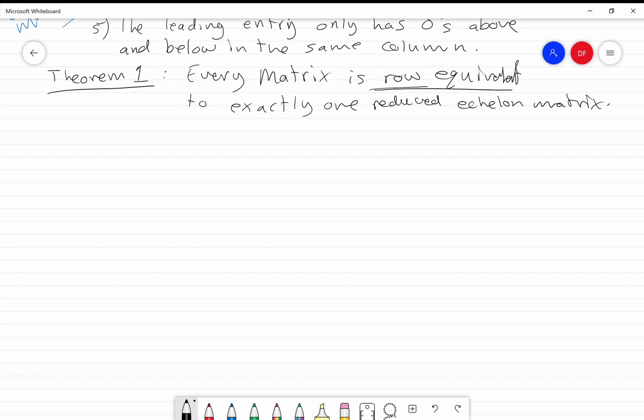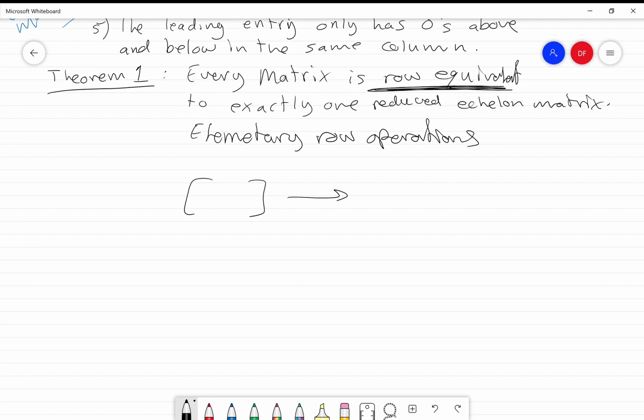What does it mean to be row equivalent? It means that we use elementary row operations to go from one matrix to the other, and this is reduced echelon.